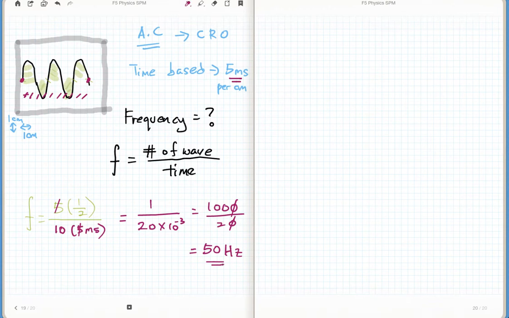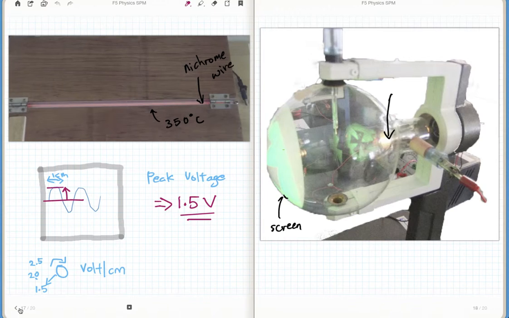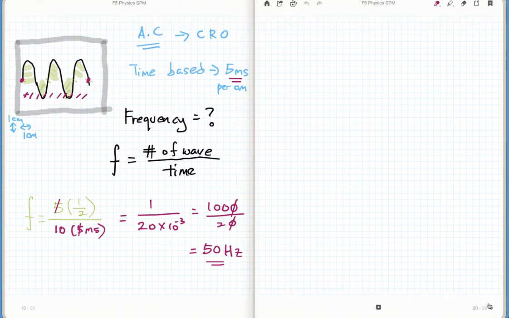And I've gone through 2 examples already. So this example where you have the X plate and the Y plate together. This is where we measure only the Y plate. And you should actually go through at least 5 to 10 questions on Cathode Ray Oscilloscope to actually calculate the time base and also the height base, the peak voltage that you have.